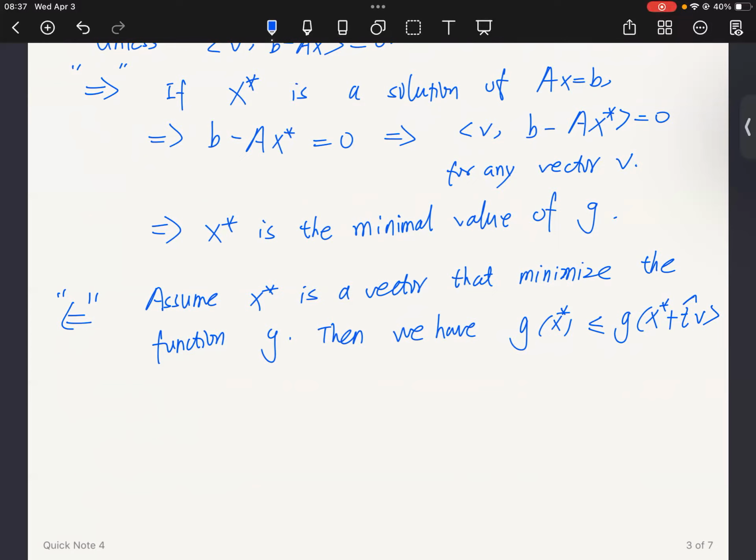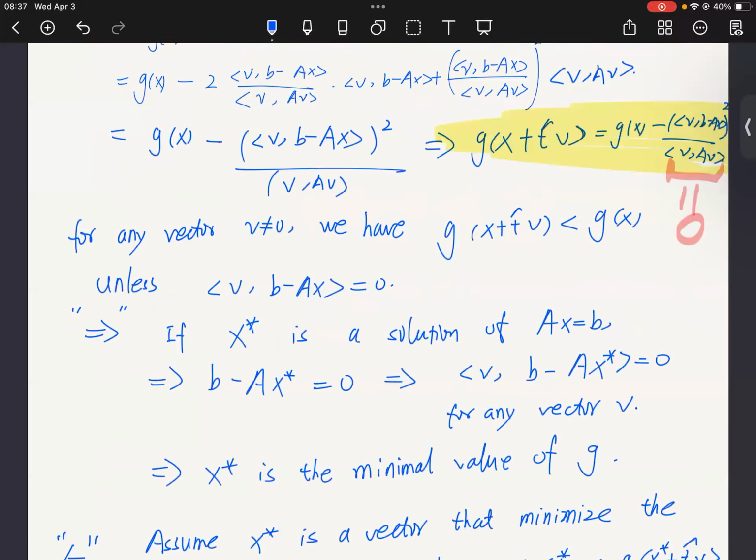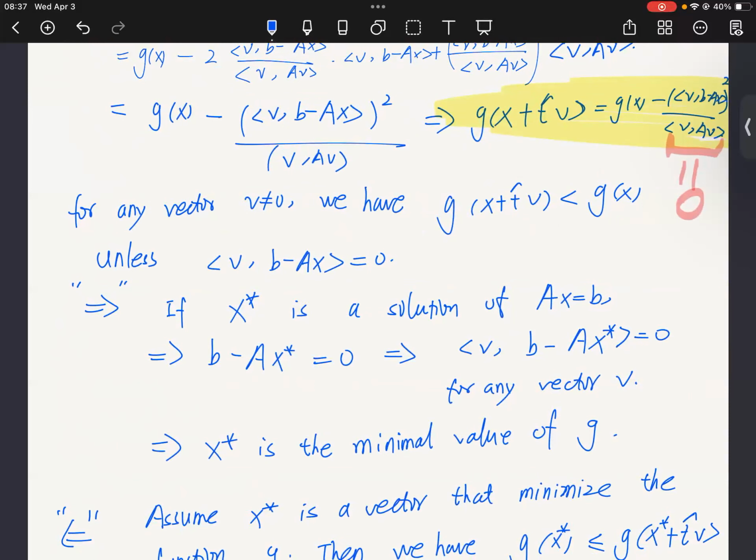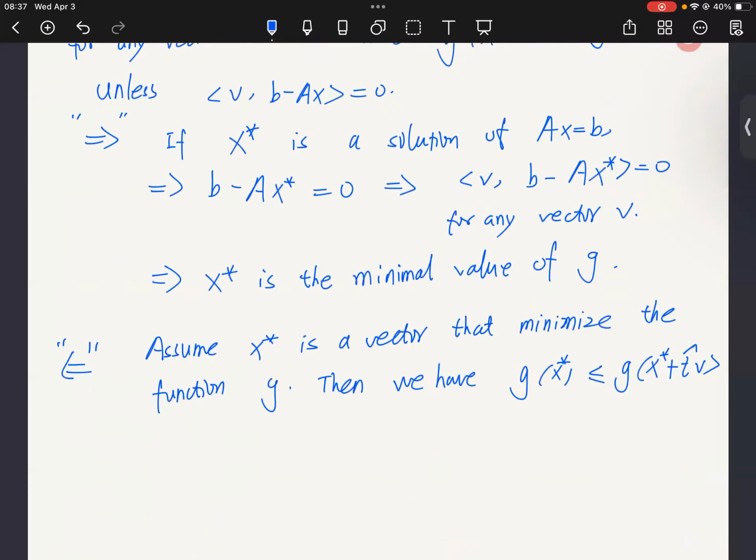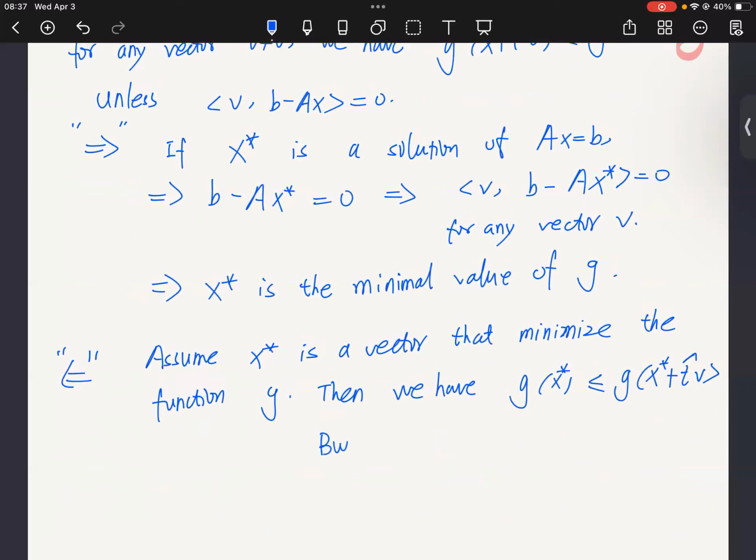But by the equations we get there, we should have this number more than or equal to this one. But now you are saying this, which means that we can only do this when this one equals 0.